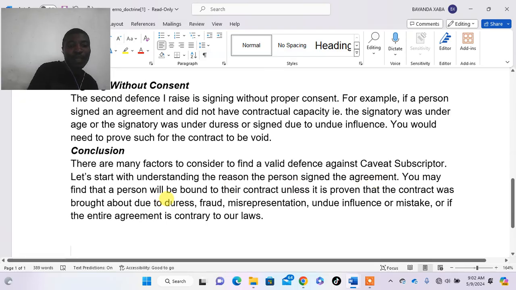You may find that the person will be bound to their contract unless it is proven that the contract was brought about due to duress, fraud, misrepresentation, undue influence, or mistake, or if the entire agreement is contrary to our laws. That's what I have read about it.